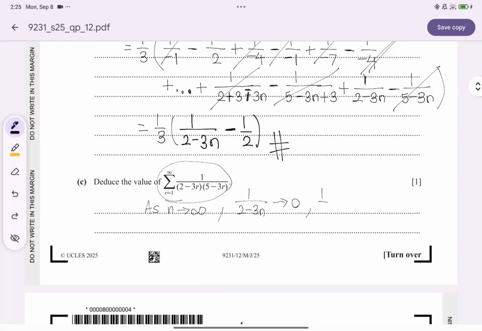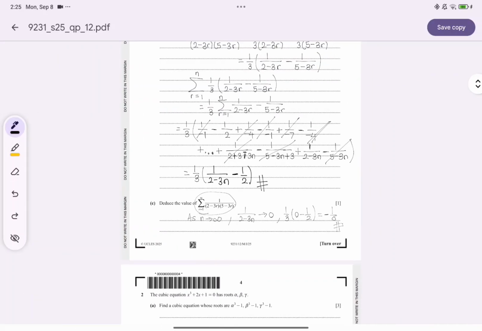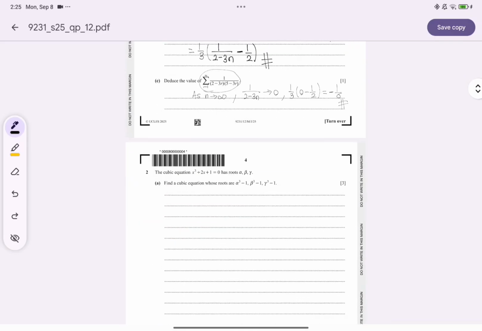Hence our answer would just be 1/3 times 0 minus half, which is minus 1 over 6. So this is our final answer for this part. Let's head on to the next question.